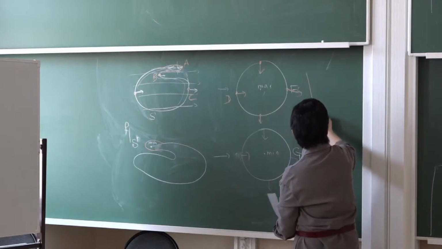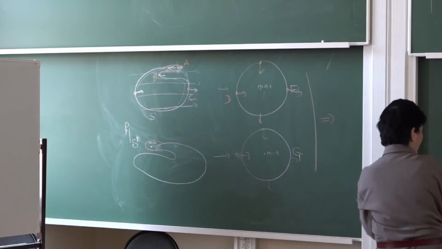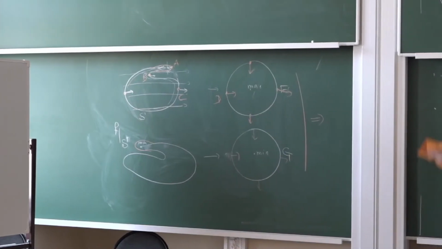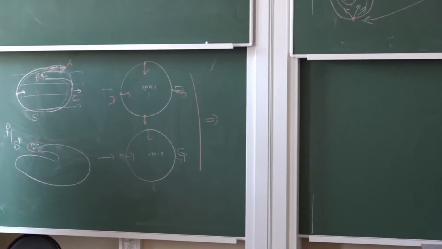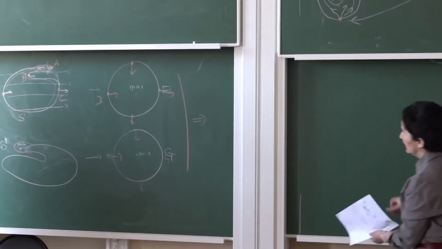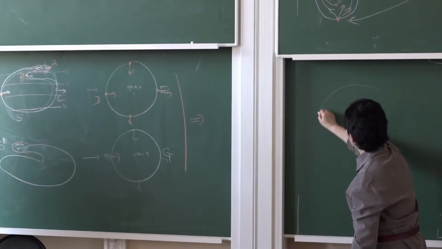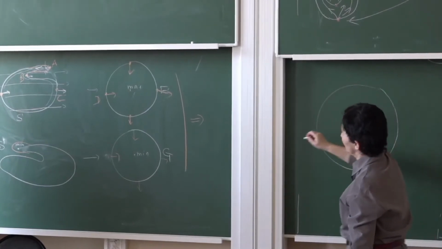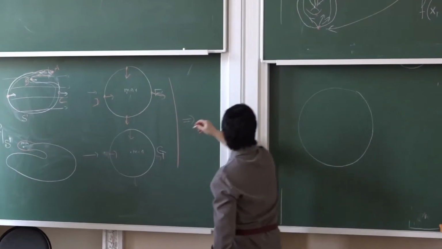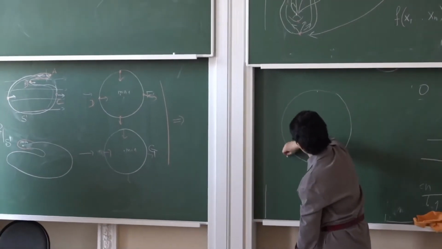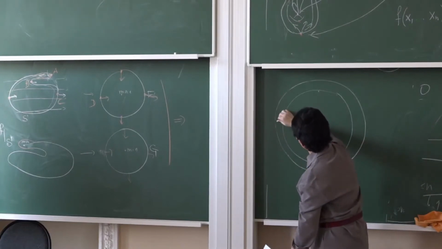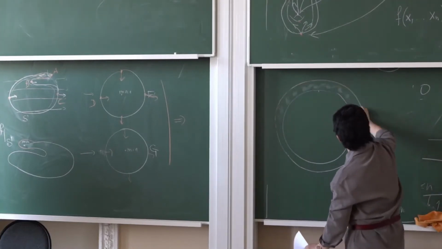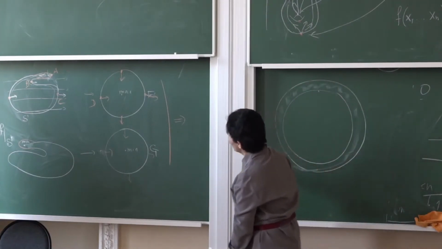And if you take these two pictures together, you can do the following. What is actually done: you start with the first circle. This is the big first circle. And you take a small annulus here, and you take the function, how do we call it?